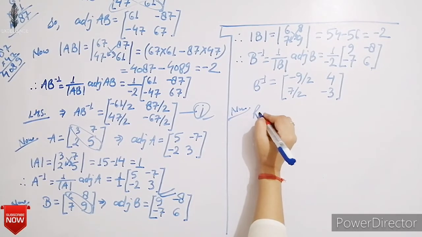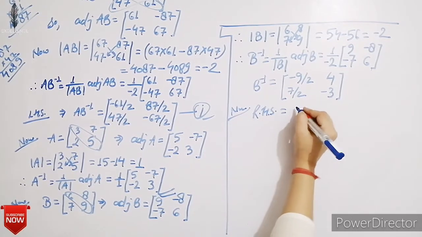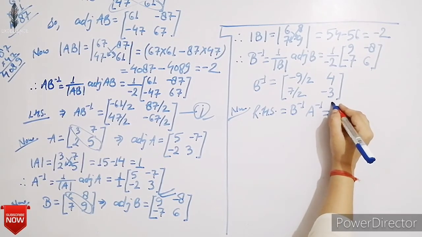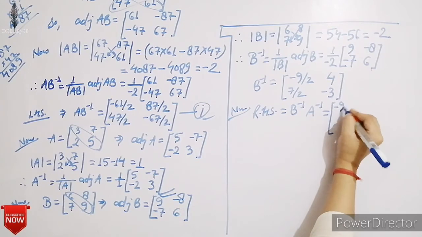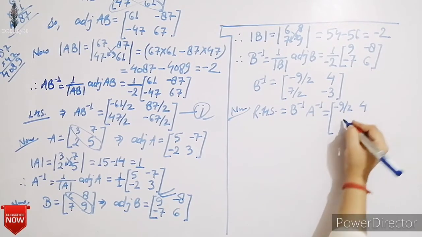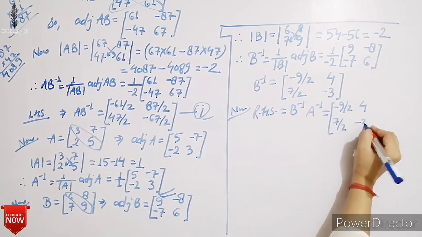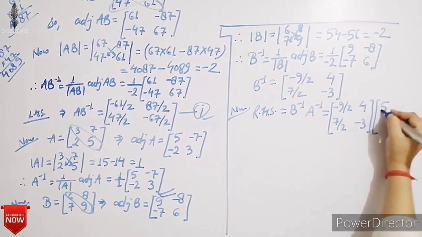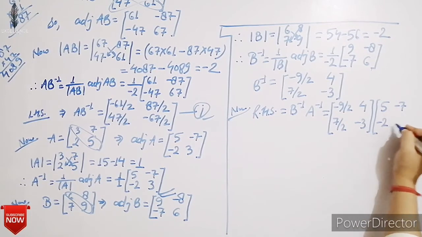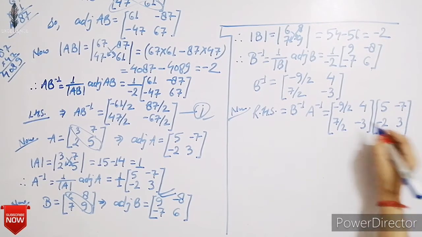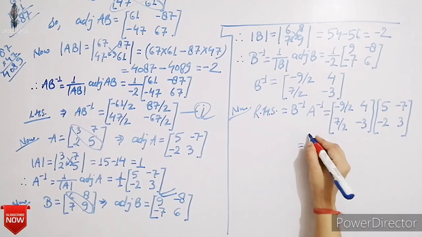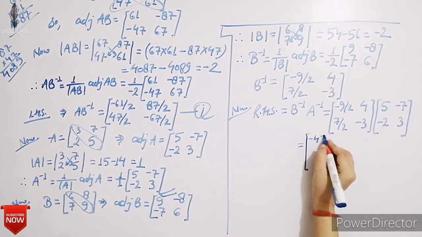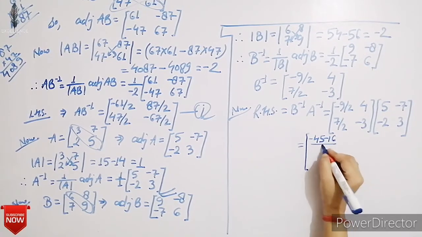Okay. So now the RHS part is equal to B inverse into A inverse. B inverse is minus 9 by 2, 4, 7 by 2, minus 3 into A inverse, and A inverse is 5, minus 7, minus 2, 3. On multiplying, we have first row by first column, minus 45 minus 16 by 2.